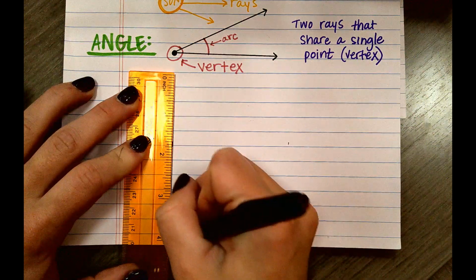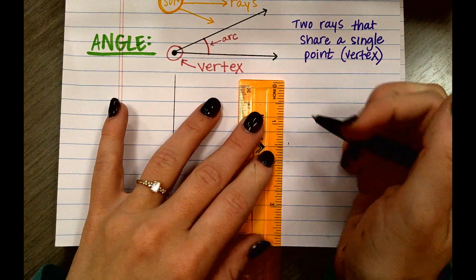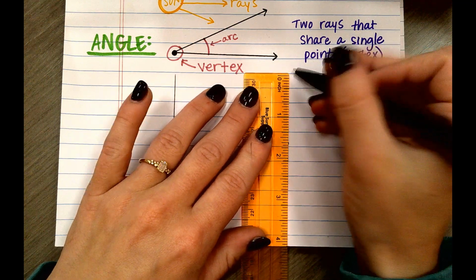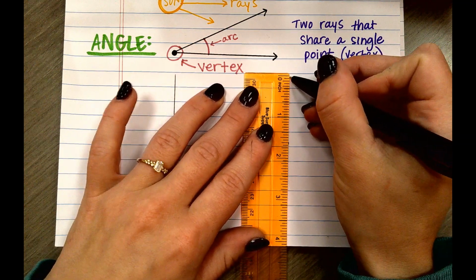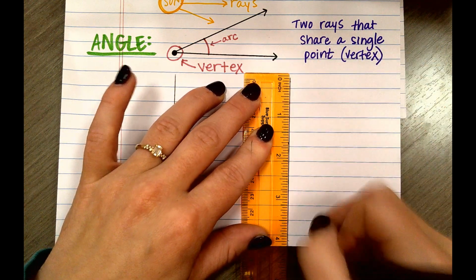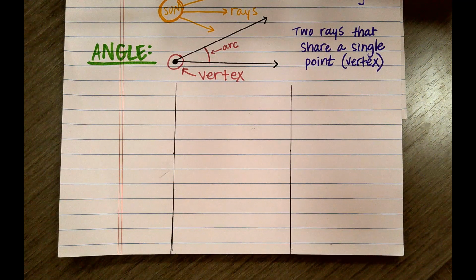Now, this is where you mentioned acute. That is one of our angle types. Technically there's 4 types, but we'll get into the 4th type a little bit later on. So here's my 3 sections, and we're going to title these sections.